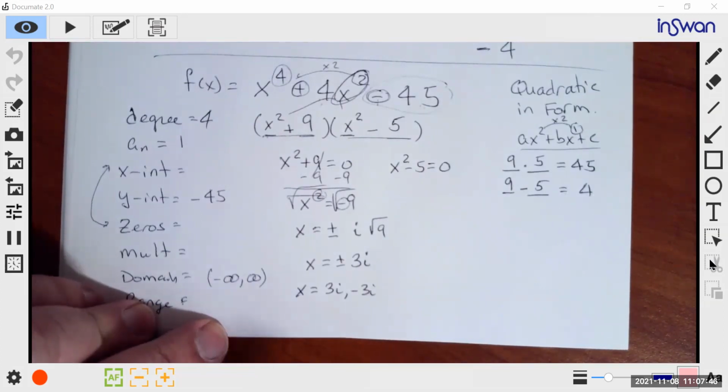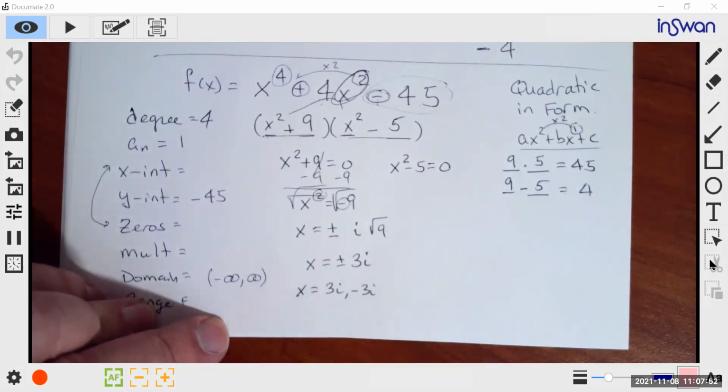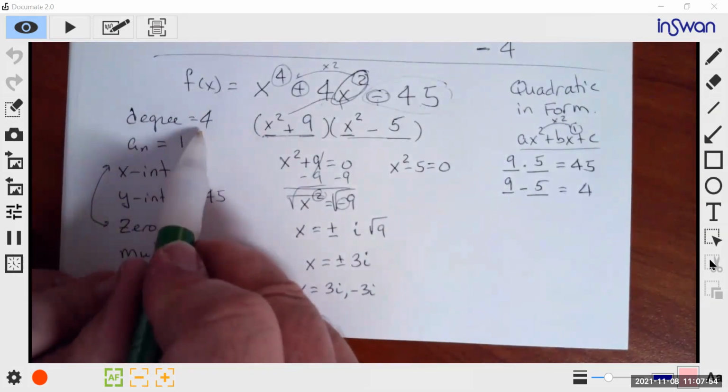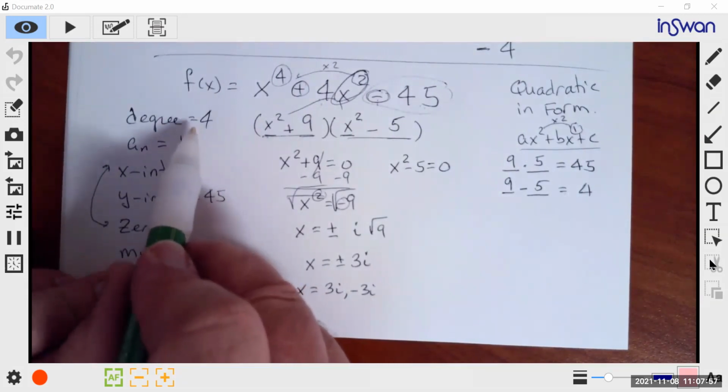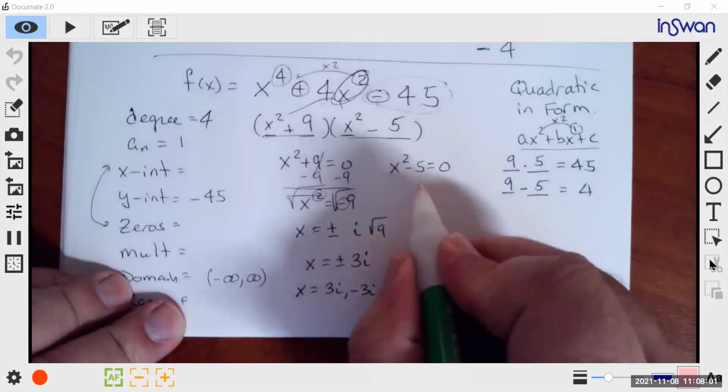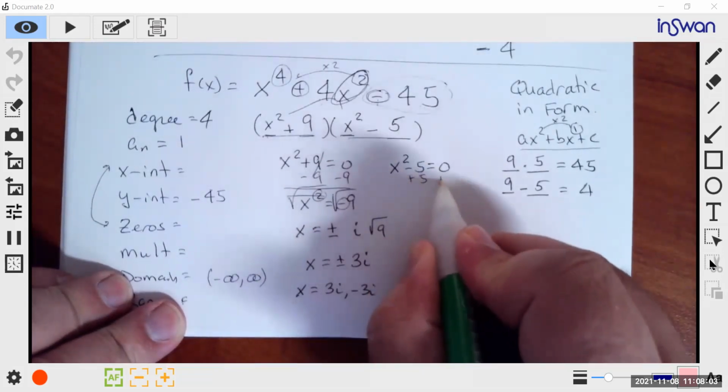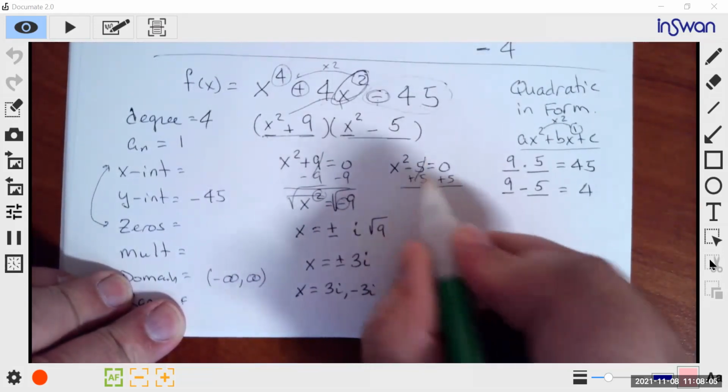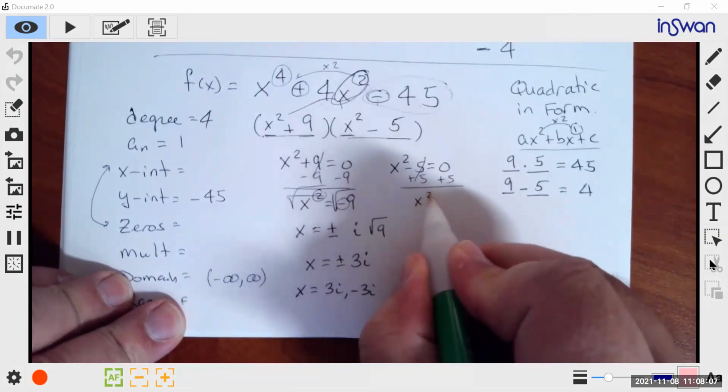How many are we supposed to have? What's the degree? That tells us how many answers we're supposed to have. Since we have 2 here, let's figure this one. I have to figure out the next one. Solve for x. Add 5 to both sides.